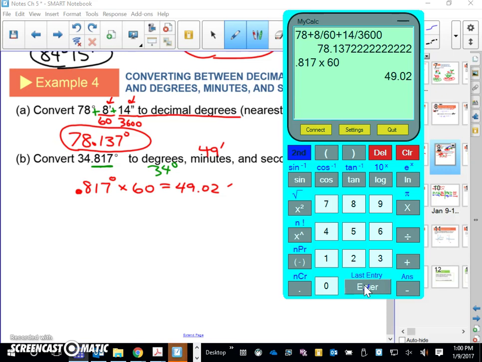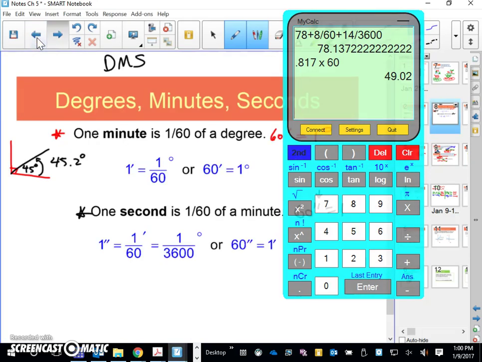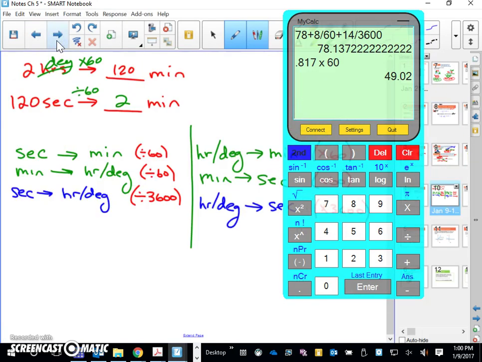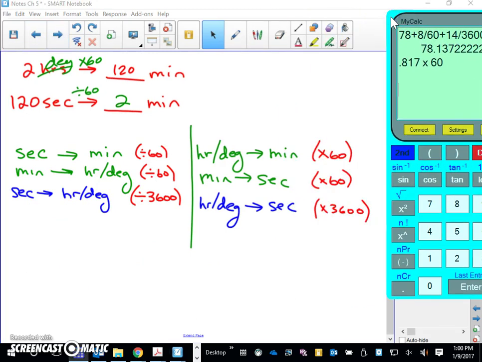So you have to think about this. I'm going to take this 0.02. Notice that's 0.02 minutes. I'll change that decimal part, that 0.02 minutes, into seconds. So how do I change minutes to seconds? Minutes to seconds, times 60. Notice it's easy to want to multiply by 3,600 in this case, but we're only going from minutes to seconds.